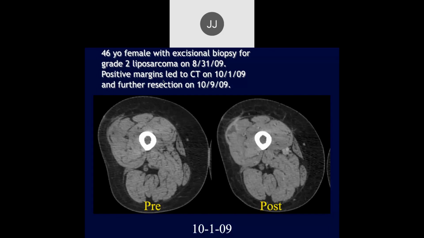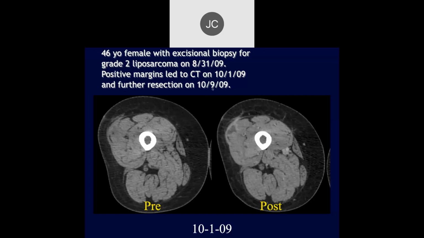Okay, so here a 46-year-old female, excisional biopsy for grade 2 liposarcoma in August. Positive margins led to a CT in October and further resection in October.